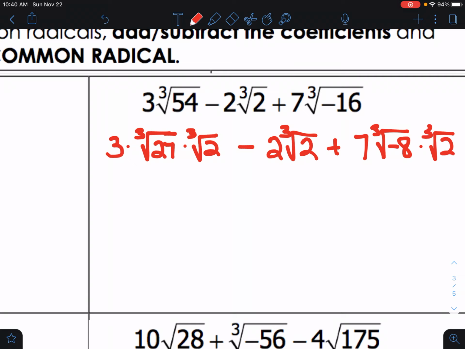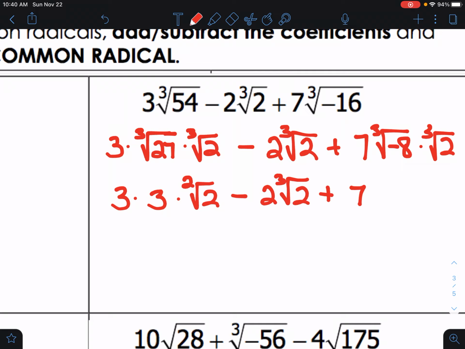Okay, so now we're going to simplify all this, right? So this first one, let's take a look here. This would be 3 again. This one we can't do anything with. And this would be 7 times, that would be negative 2.